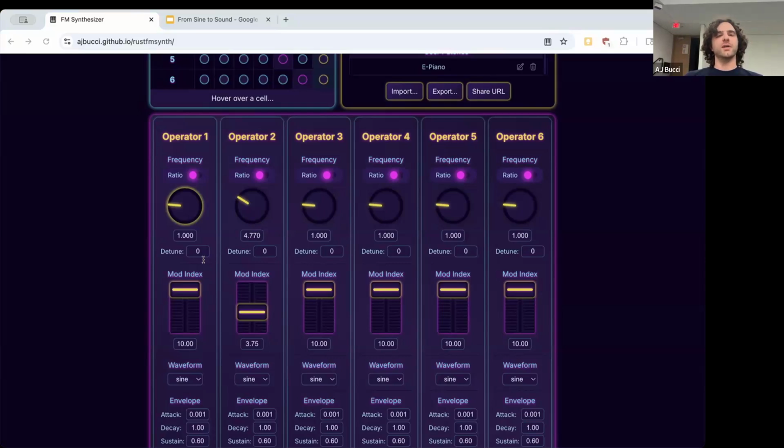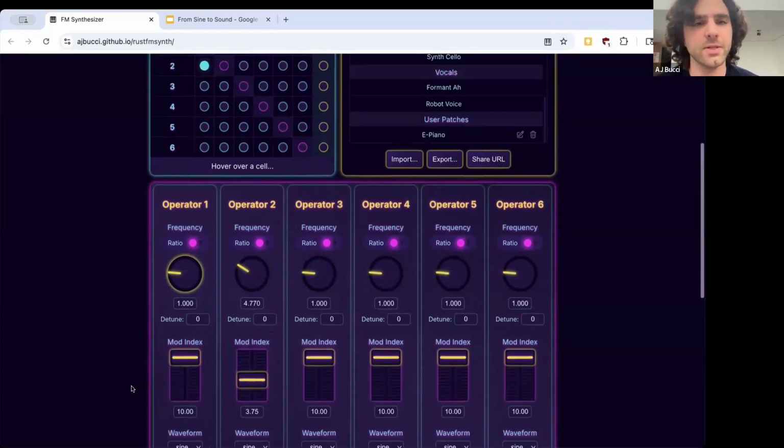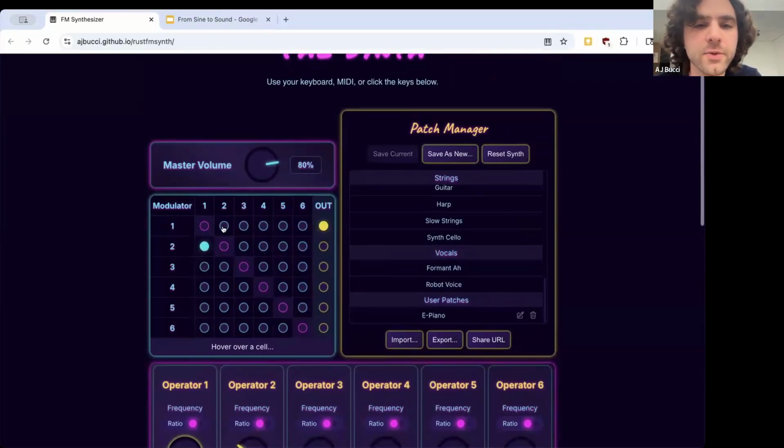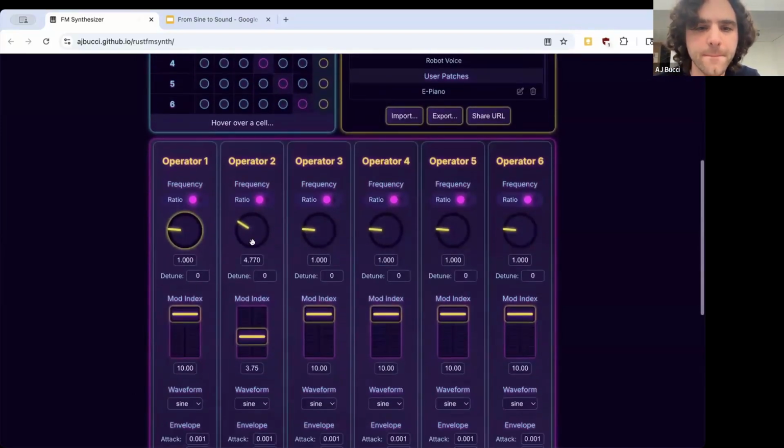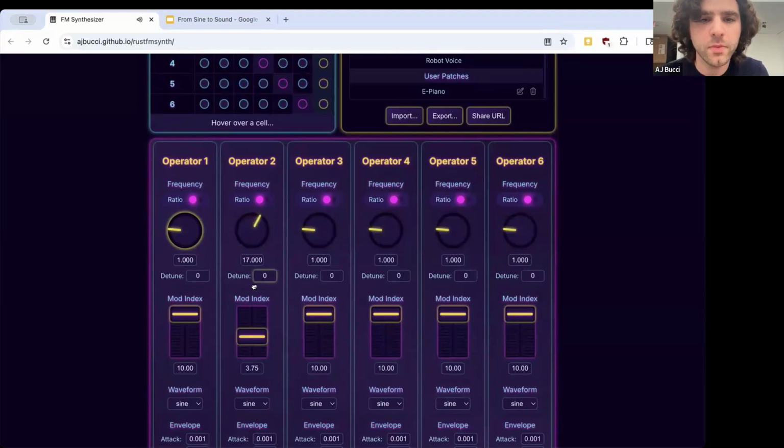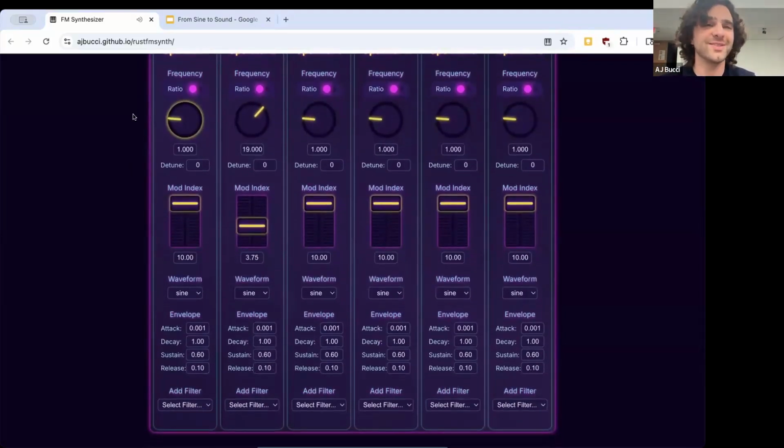It was really more like a tine. It was a really bright sound. So let's see what happens if we sweep our ratio higher and extend the sidebands out into higher frequency territory. All right, that's up there.